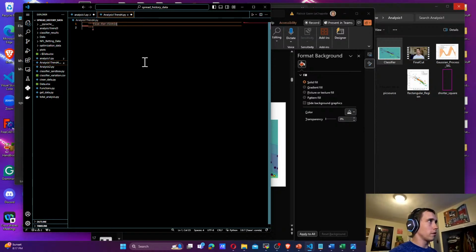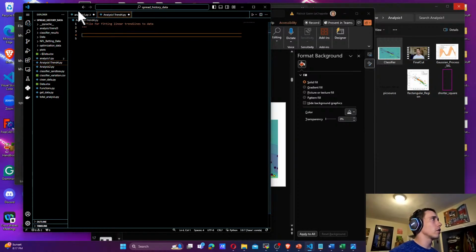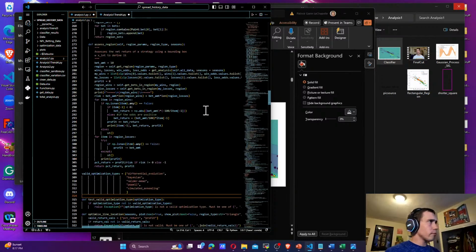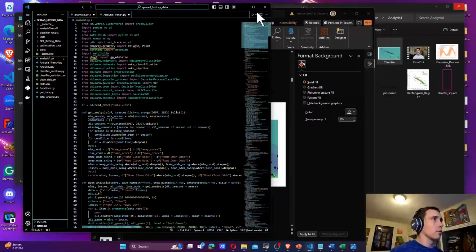File for fitting linear trend lines to data. And then I'll just have to pull in the read data stuff. I don't know what's going on there, why it indented it. Probably thinks it's in a function or a class. So back up here, how do we read the data in?